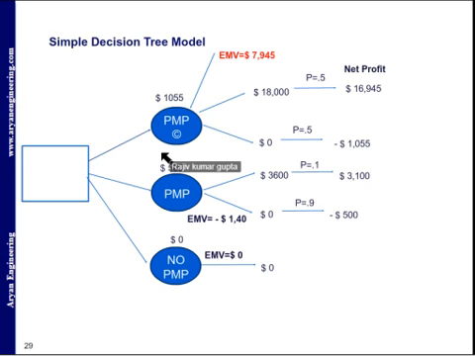I'm using the simple decision tree model to understand this. The cost of the PMP: when you go for the PMP, the exam fee is approximately $555, and before that, there is a mandatory requirement of training by some organizations or institutes, and that cost is approximately $500. So that figure is 1055.